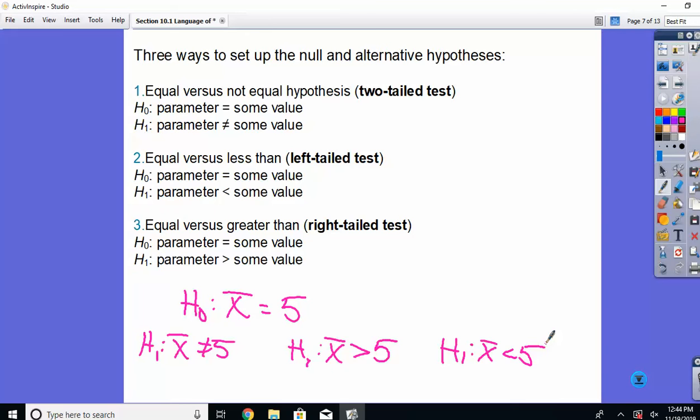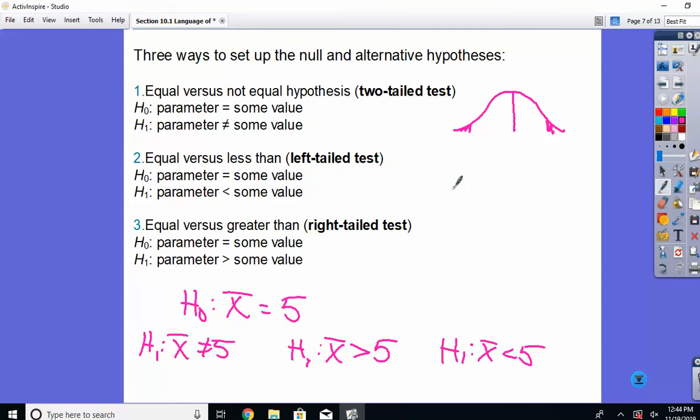These have names given to them. The first one, the not equal, is called a two-tailed test. If you think about what that means, if I've got some value and I'm trying to show it's not equal to that, it could be bigger or it could be smaller. So it's two tails. You could have answers in either end.